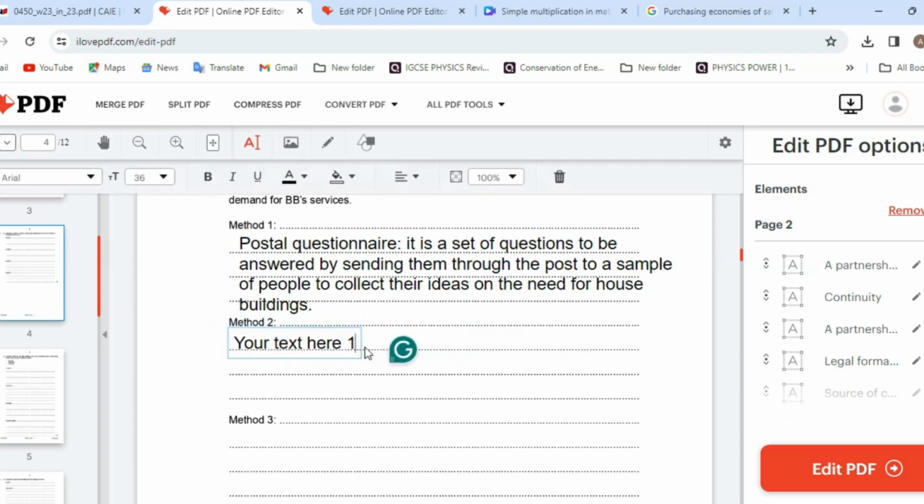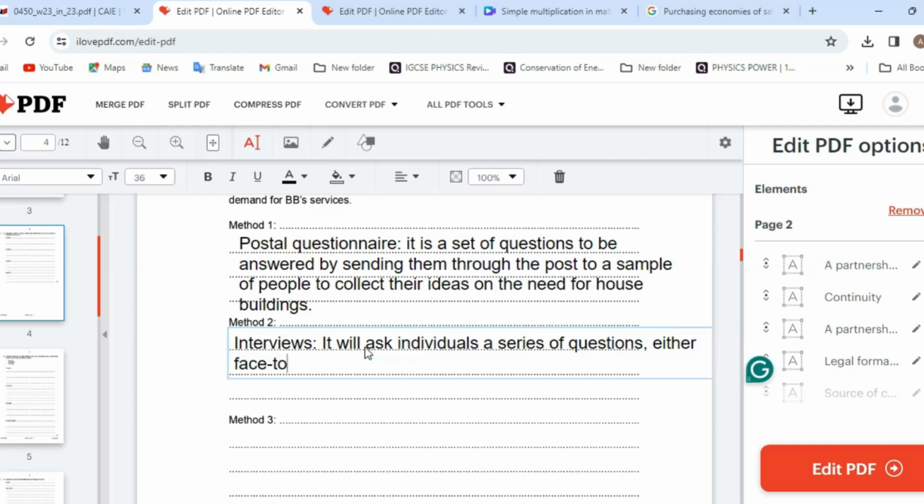By using interviews, BB will ask individuals who have visual difficulties a series of questions, either face-to-face or over the telephone. That's also a method here.